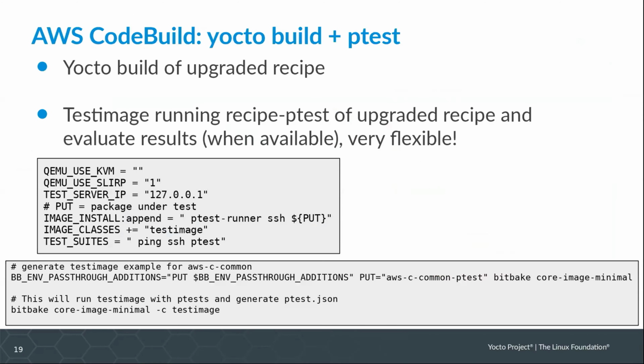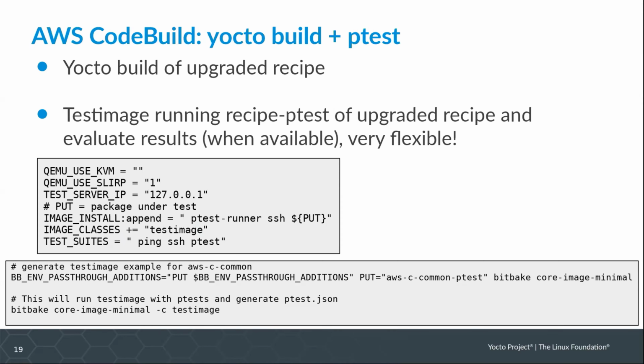Next slide is about that build. So the CodeBuild builds the recipe, and after this there is a test image built as well in the same Docker container. And there is some code snippet that we just added. So our plan is to have a p-test for every recipe.